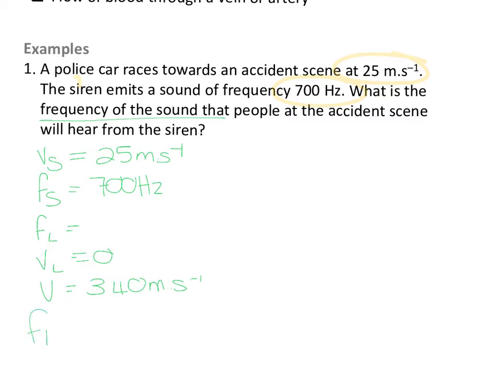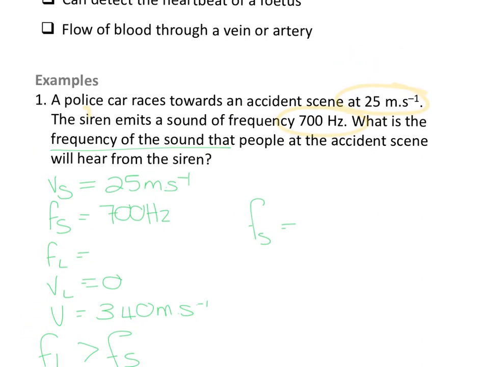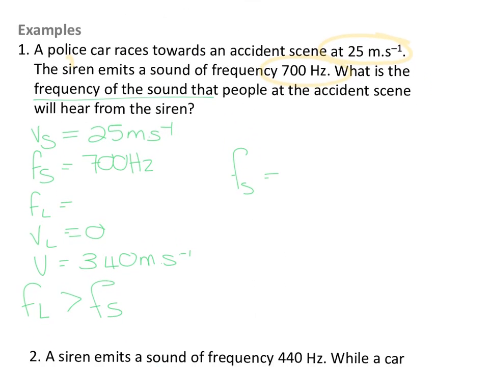Okay? So it's going towards the people. So FL must be bigger than FS. So there's my frequency, V plus or minus VL over V plus or minus VS, times FS.